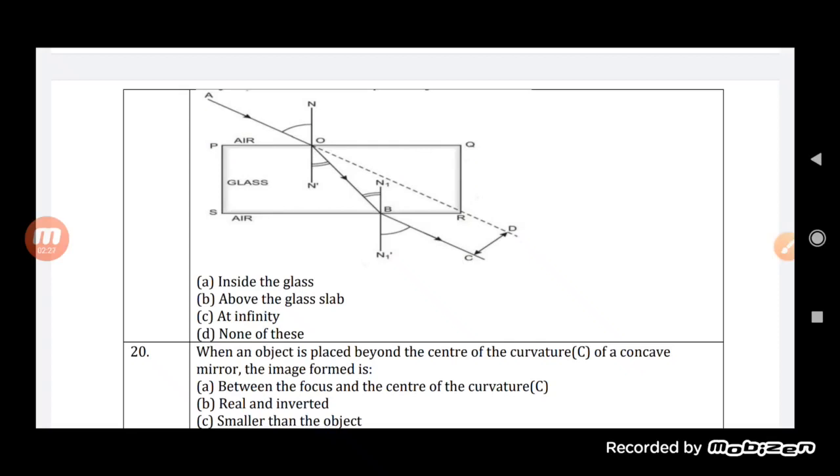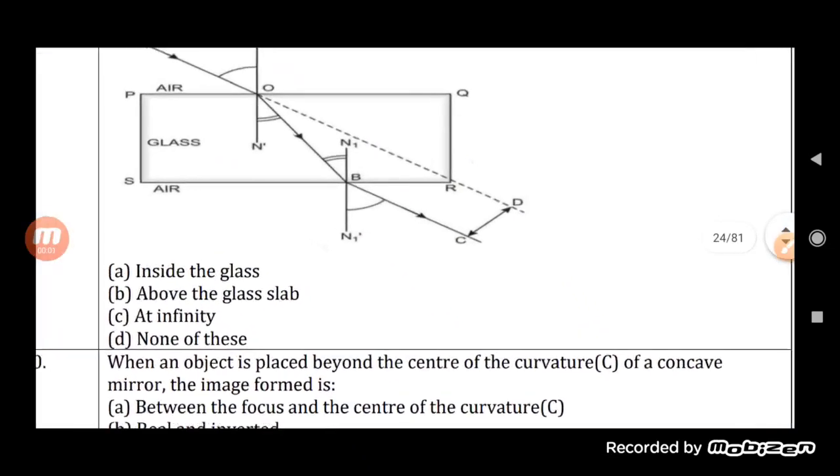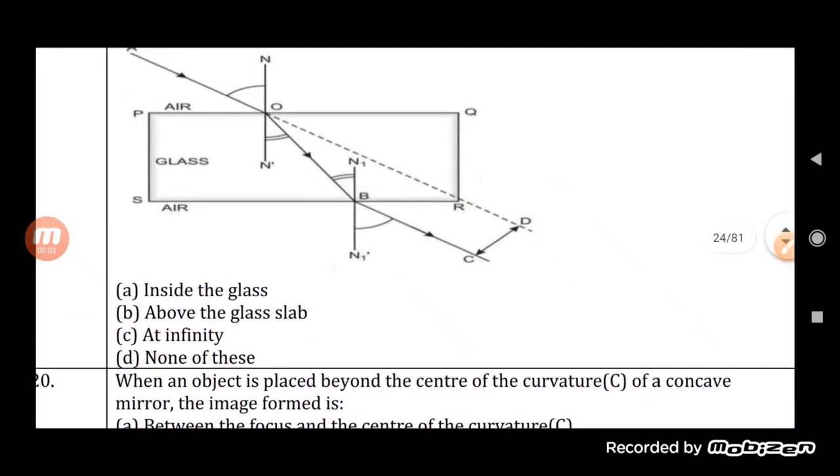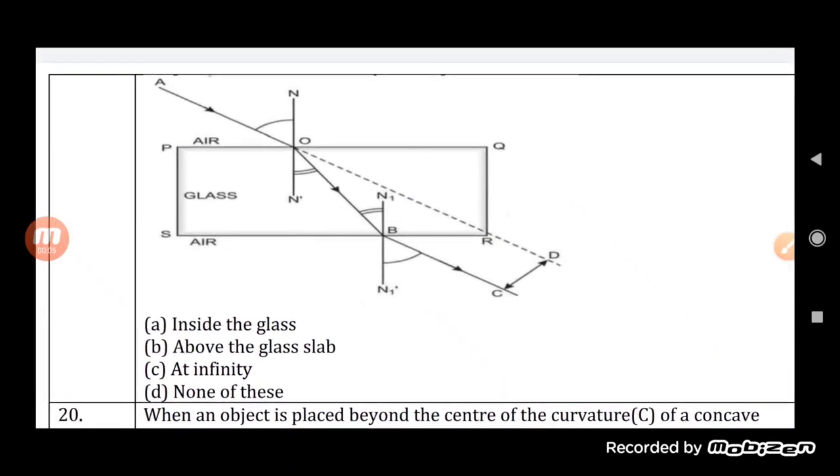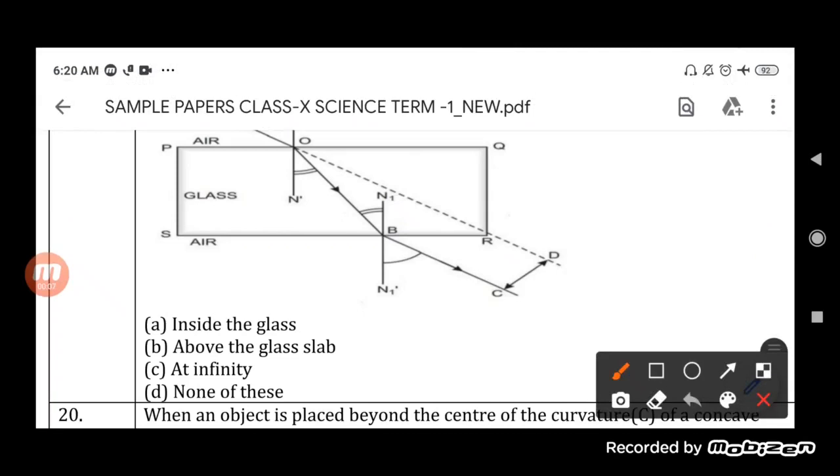And when we drew a line, as you can see here, now you know, students, that when we stretch the incident ray, this is the angle of emergence. So the incident ray which is coming in is parallel to the emergent ray, right?